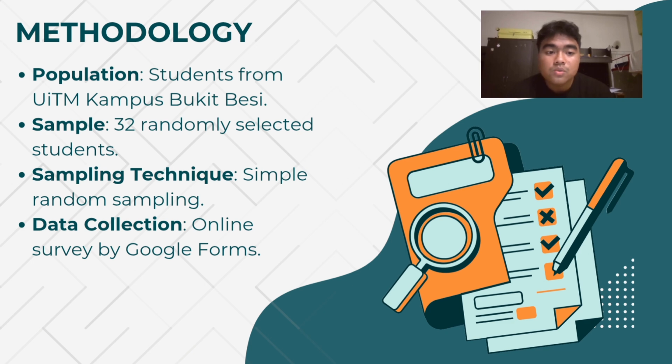A total of 32 students from various programs participated in this study. Once the responses were collected, we analyzed the data using descriptive statistics and regression analysis with SPSS software to identify patterns, correlations, and the strength of the relationship between phone usage and academic performance.